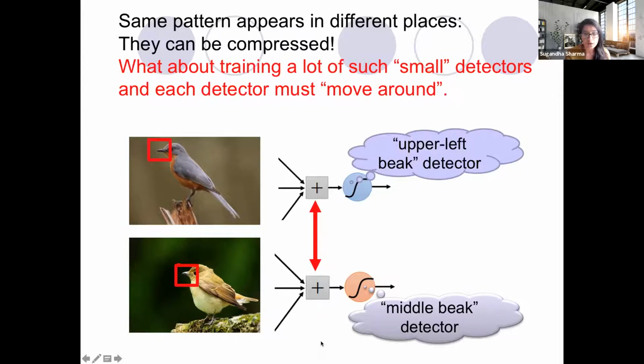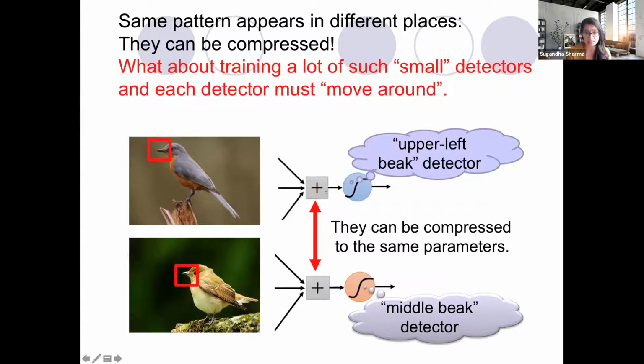And what we want to do with convolutional neural nets is to compress these such that they use the same parameters. So my goal is to have just one beak detector that will detect the beaks in different parts of the images. And that can be done by sharing the weights that this beak detector is being trained on.